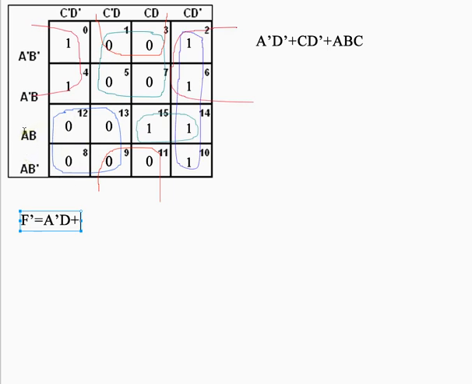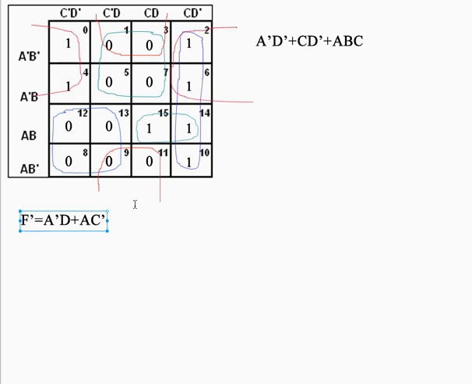That is the intersection of A, which is these two strips together, and these two columns, which correspond to C naught. So I have A, C naught.